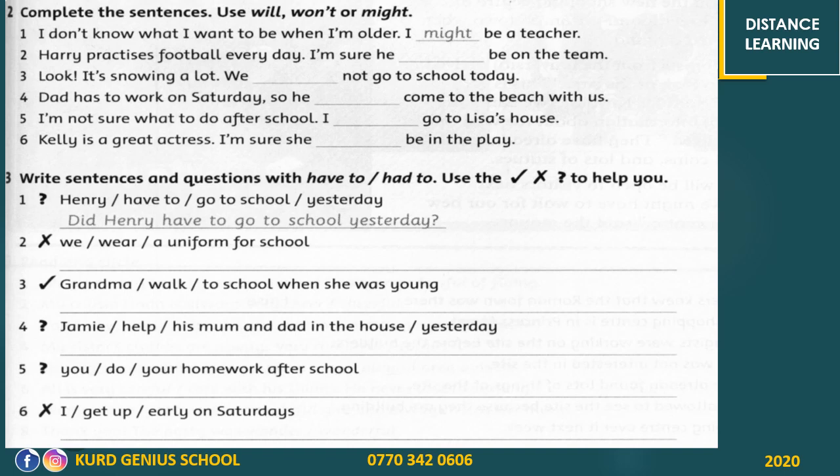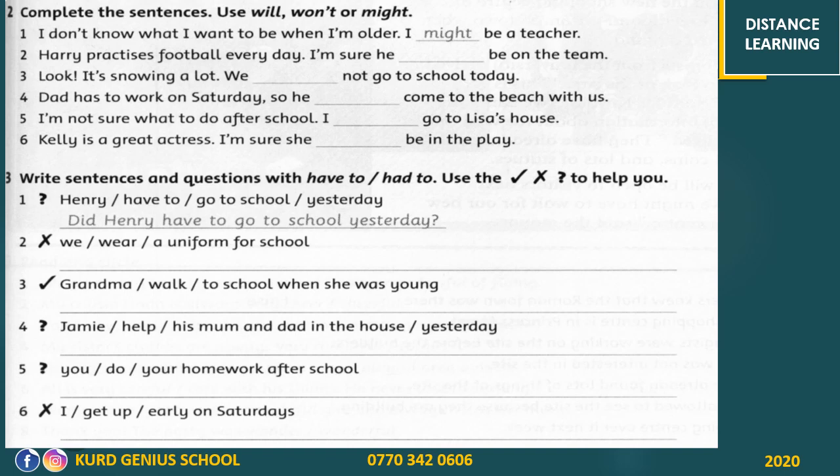You will know that. So cause and effect. Number 3, look, it's snowing a lot. We will not go to school today, right? Remember that time it snowed, we didn't go to school. So that's the same thing. This is happening here again. Number 4, Dad has to work on Saturday, so he won't come to the beach with us.